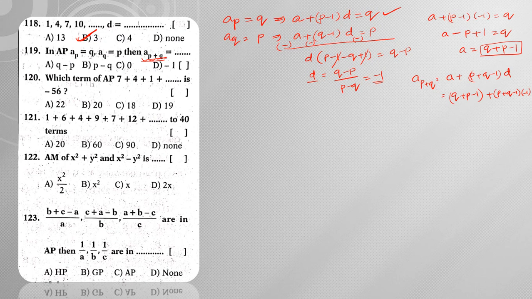When you multiply with minus 1, this plus will become minus. Here this term and this term are the same but opposite in sign, so these two will get cancelled, hence the answer will be 0. So from this you can understand, when the pth term is equal to q and the qth term is equal to p, then a(p+q) is equal to 0.